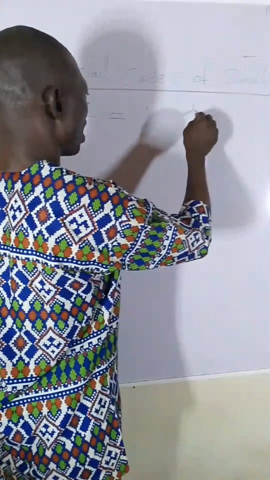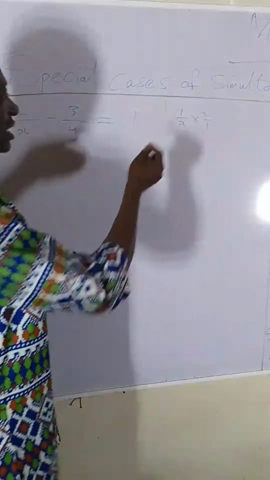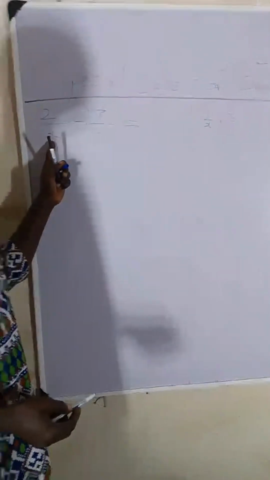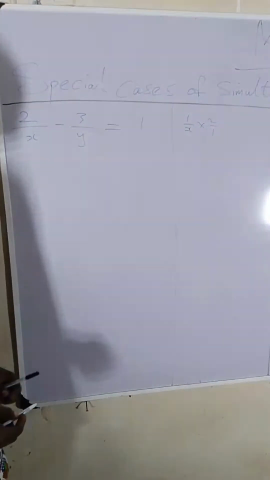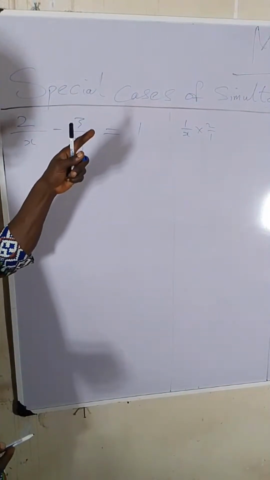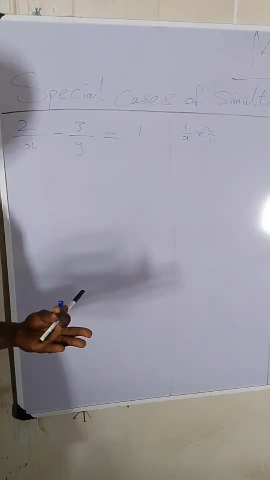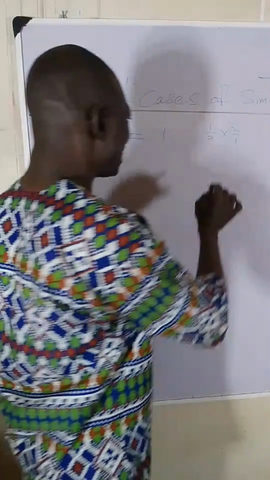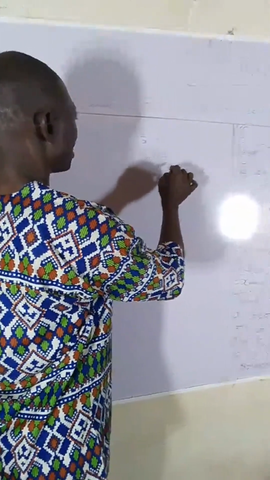If we have 1 over x times 2 over 1, I hope you know that this is the same as what we have here. That 2 over x is the same as splitting it into 1 over x times 2 over 1. In that case, if we like, we write it as 2 into 1 over x.